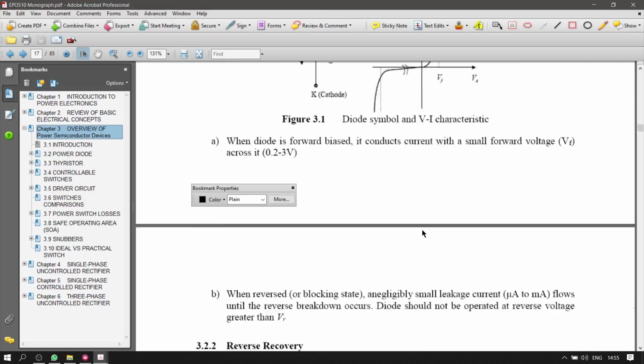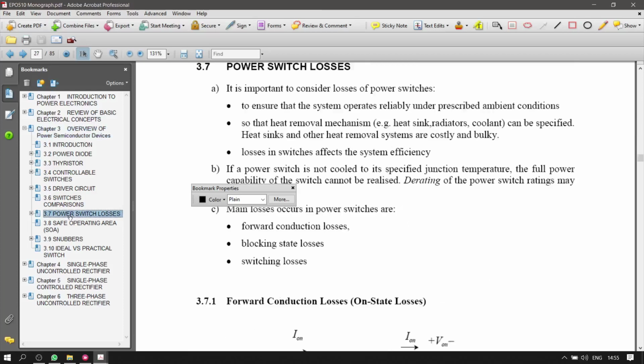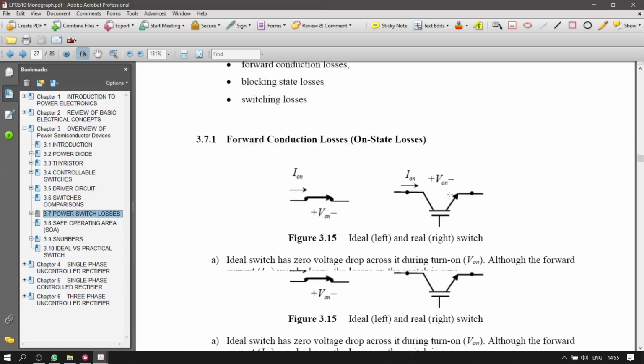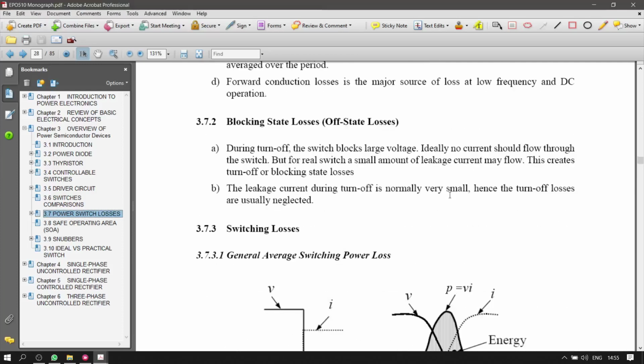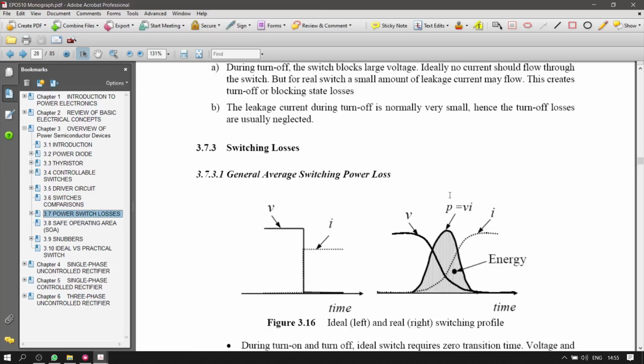And then what are the losses. Go to the power switching losses. What are the losses that occur in a power switch? Read about some theory in there, and also take a look at the switching losses.